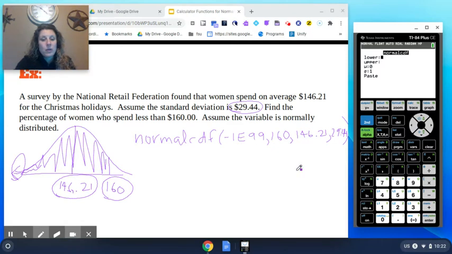So the lower is negative infinity, or -1E99. The E is second comma 99. That's actually scientific notation. It means -1 times 10 to the 99th power. The upper is 160.